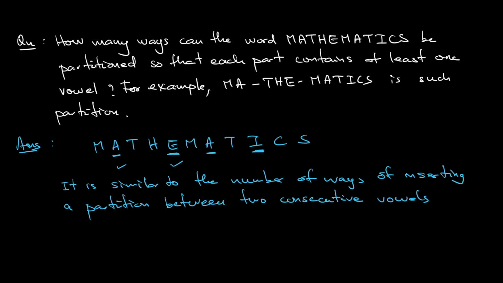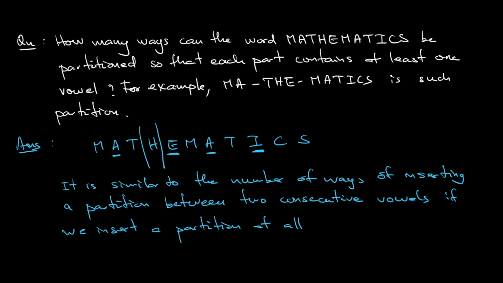Okay, if we choose to insert a partition at all, because in fact you can choose an option not to put a partition between two vowels, but you cannot have, let's say, two partitions in between two consecutive vowels.